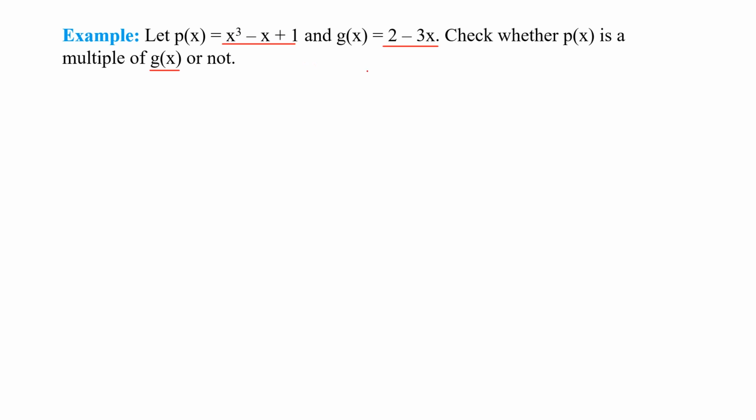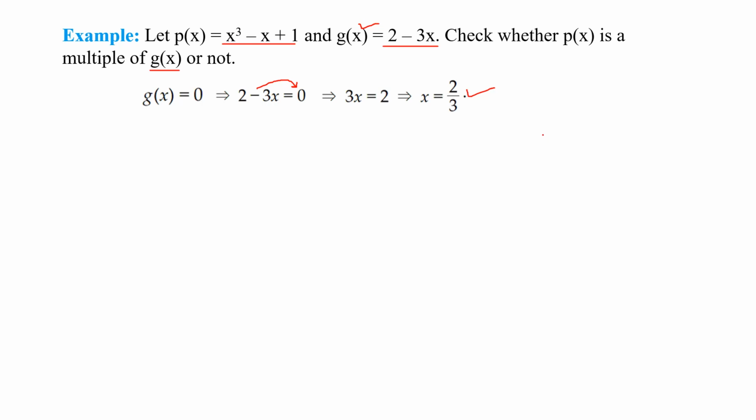So what we will do, what is our first step? Equate g of x with 0. Okay, so that is 2 minus 3x is equals to 0. If we shift this to this side, it will become 3x. That is 3x is equals to 2 and x is equals to 2 by 3.